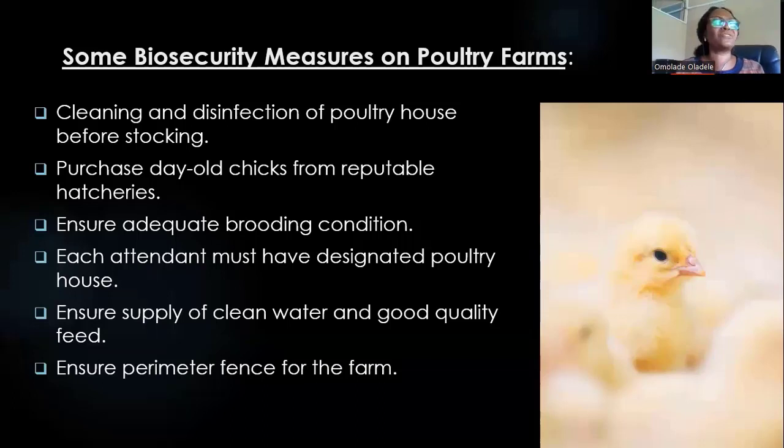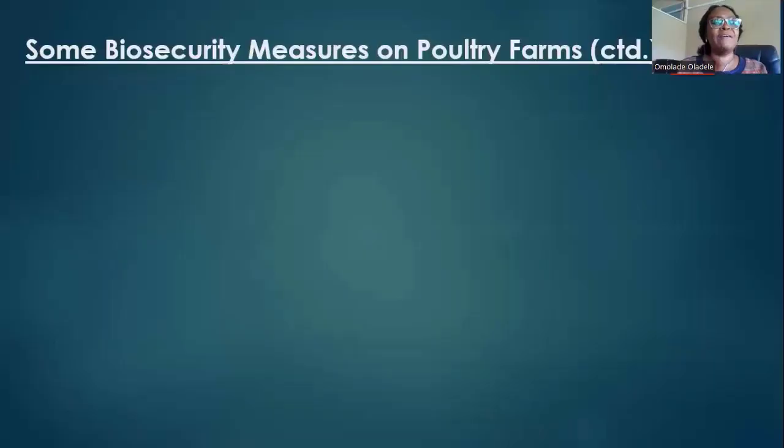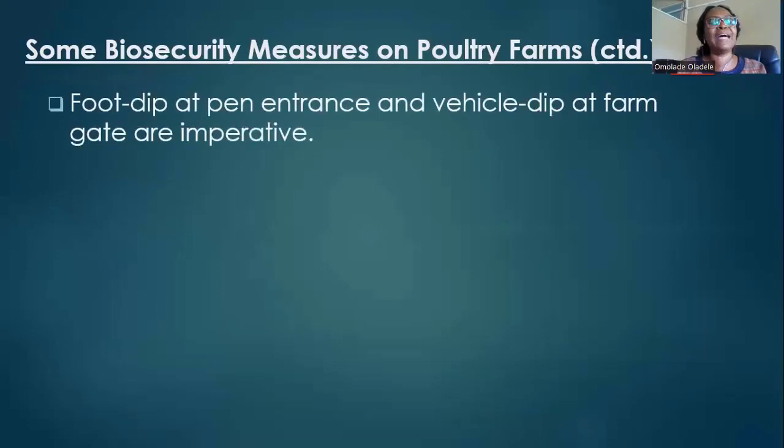Also, you do not have visitors just straying into the farm, strolling in anyhow. Because once you have a fence, you will have a gate through which everybody comes in. And there's designation, there's limit, there are boundaries beyond which the visitor cannot go into the rearing area. So it's good to have the perimeter fencing. And then having a foot dip at the entrance of every pen house.